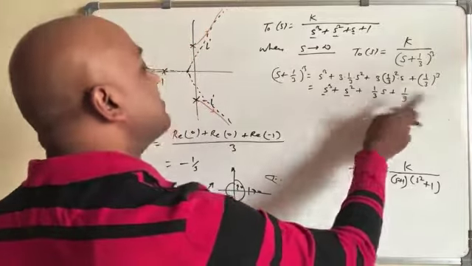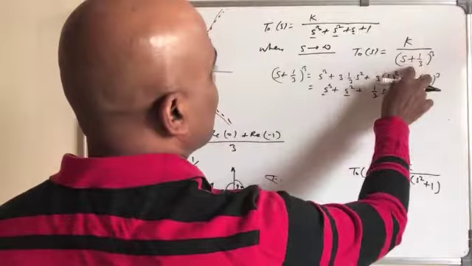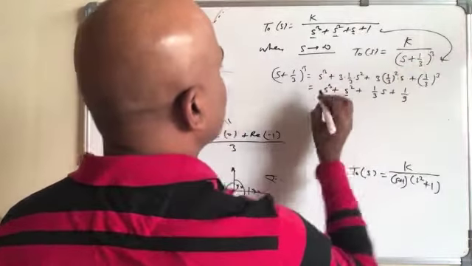But if s is very, very large, you can neglect this, so these are approximately correct.